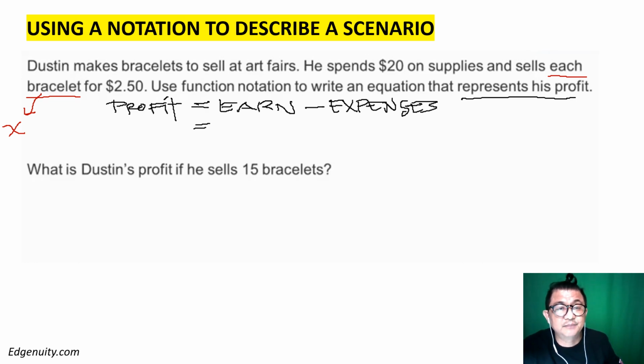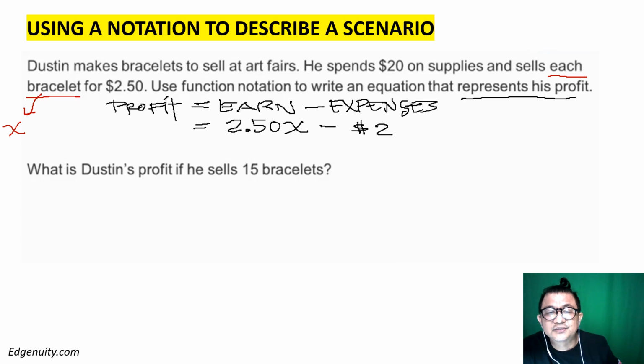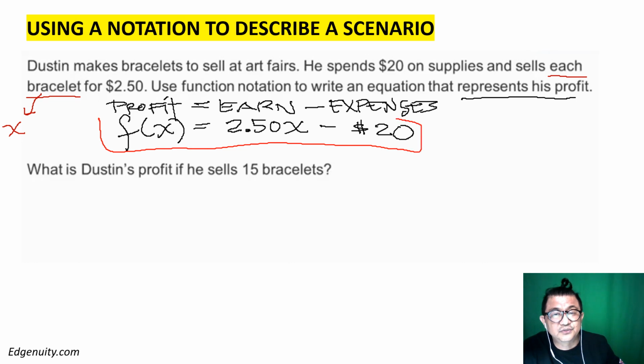We don't know the number of bracelets, but each bracelet is $2.50 times x. But remember, he spent $20 at the beginning. So the profit will be dependent on the number of bracelets. So the profit will now be my f of x, meaning you could say that's the y, that's the output. So that is your function notation.